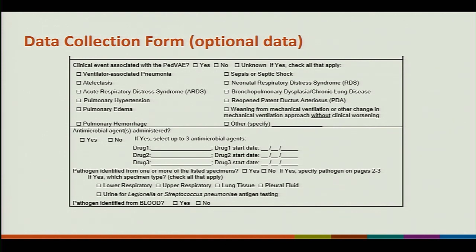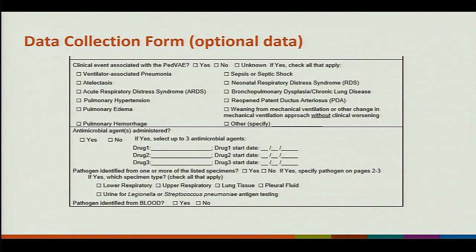There is other optional data to report, and we encourage you to report this. PedVAE is only one tier, and the reason being that we just did not feel like we had enough information to proceed with an IVAC or a PVAP tier.